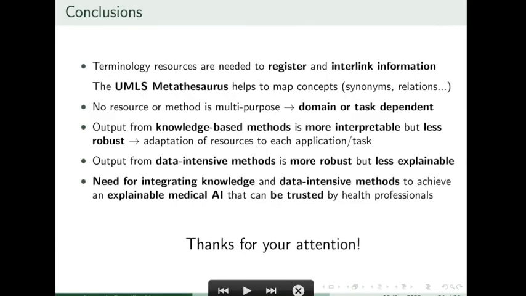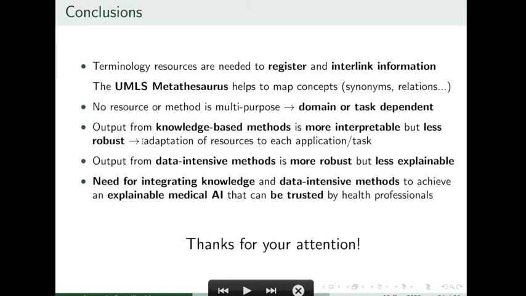So to conclude, terminology resources are needed to register and interlink information, and to do so, the UMLS Metathesaurus helps to map concepts using synonyms or relations. However, no resource or method is multipurpose, but domain or task dependent. On the one hand, the output from knowledge-based methods is more interpretable but less robust.